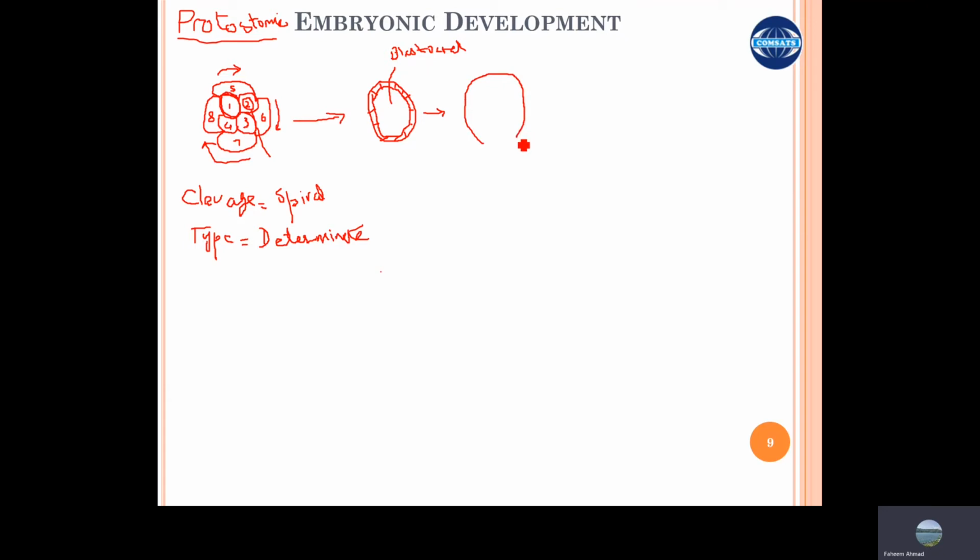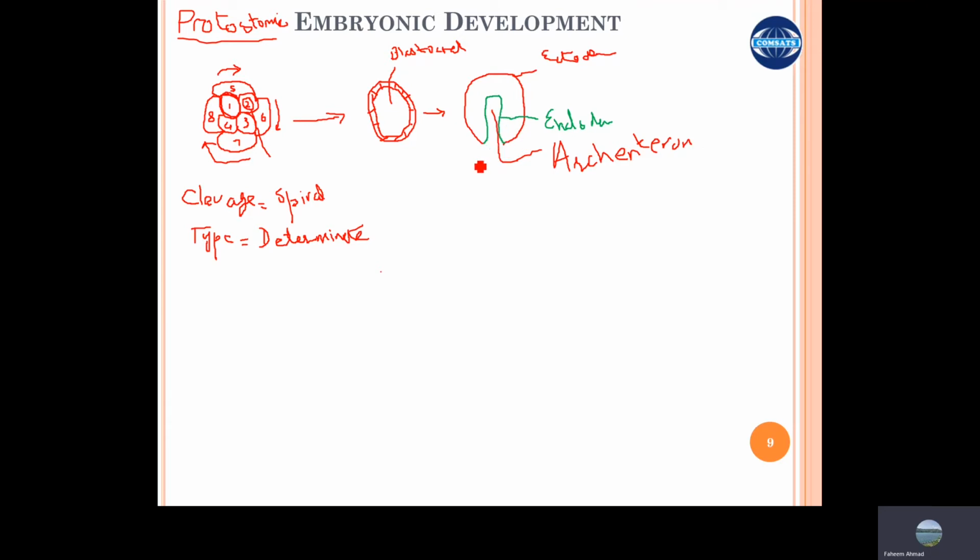Then the blastula undergoes an invagination in the outer layer. The cells from the bottom are pushed inward to make a cavity, and they differentiate into a second layer. This second layer is called the endoderm, and this was the ectoderm, right?